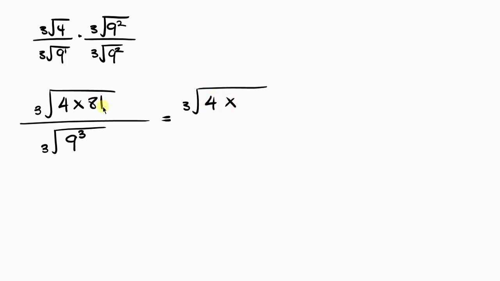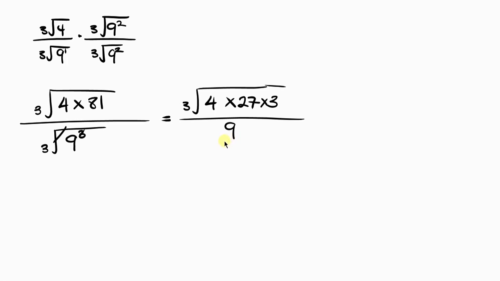Now 81, I'm going to be splitting 81 into a perfect cube and another number. And the perfect cube I'm going to be using is 27. So 27 times 3 gives 81 all over. Now for the denominator, this is a cube root and this is a cube. So cube root can cancel off the cube, leaving behind 9.